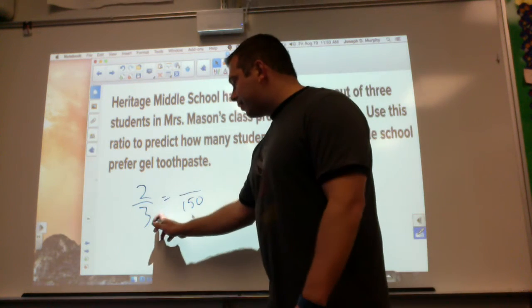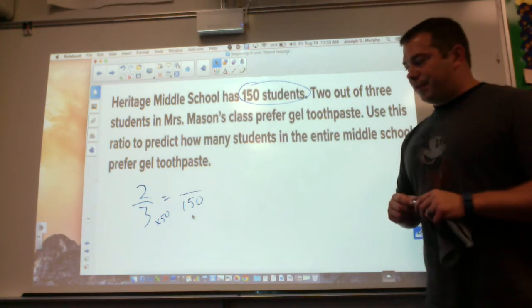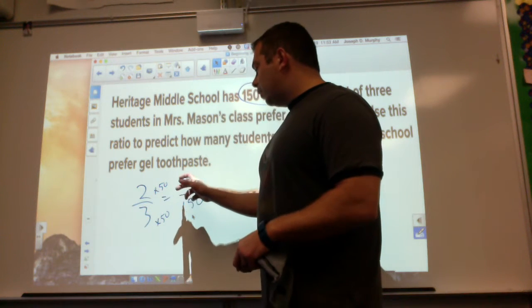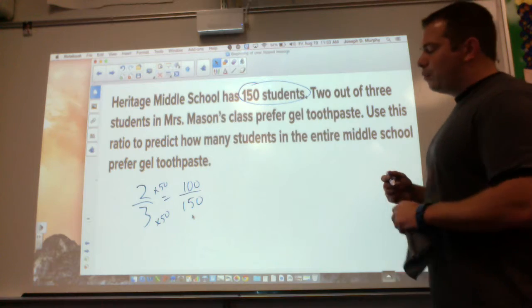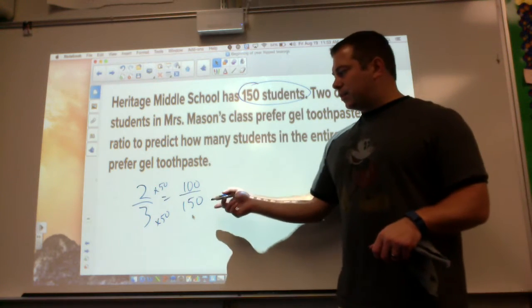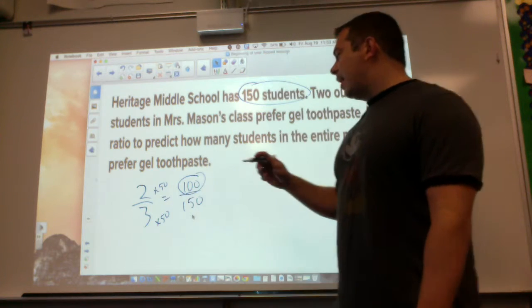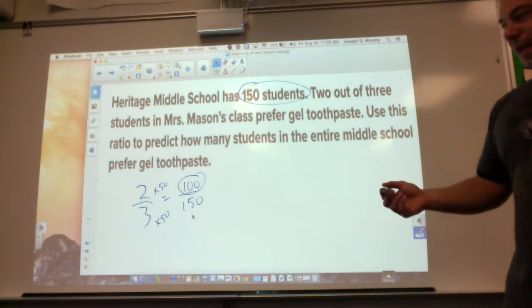So I know that 3 times 50 would equal 150. Do the same thing up here. 2 times 50 equals 100. So out of the 150 students in the school, if we keep this ratio, 100 of them would prefer gel toothpaste.